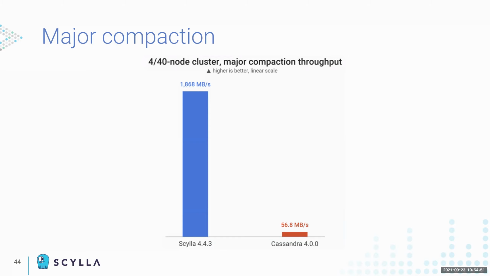But as you can see from the graph, it's still nowhere near as fast as Scylla. And running those compactions concurrently is also a bit harder to do in Cassandra. You need to start it on every node, whereas in Scylla you need to start it only on a single node in this test that we performed.